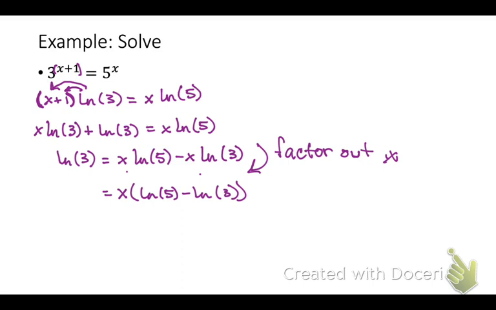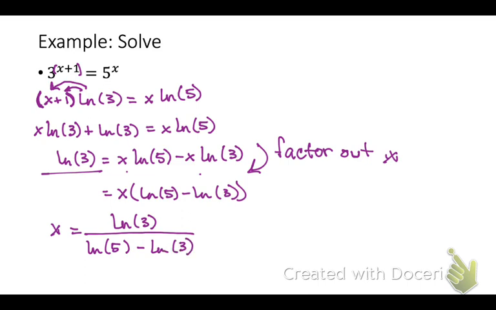Divide over. So x equals the natural log of 3 divided by the natural log of 5 minus the natural log of 3. And then to get an approximate answer, you'd stick that in your calculator. And honestly, I want you guys to be able to put them in your calculators, but the biggest thing is moving them around, right?